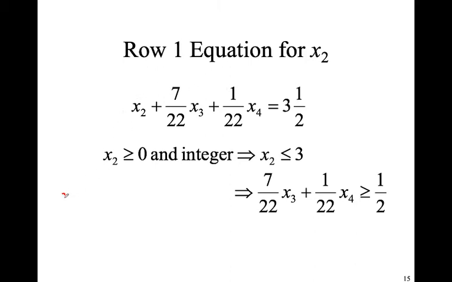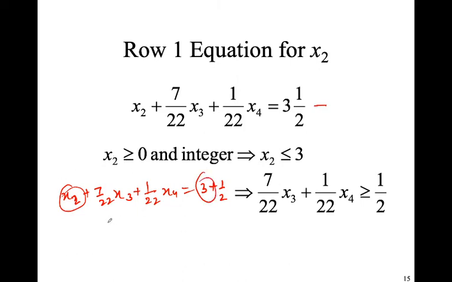This equation is x2 plus 7 divided by 22 x3 plus 1 divided by 22 x4, and this can be written as 3 plus half. If you separate the fractional and integer part, this is the integer one, so we can leave it.